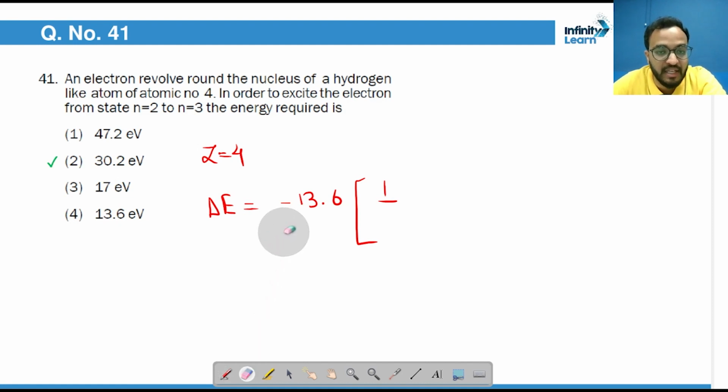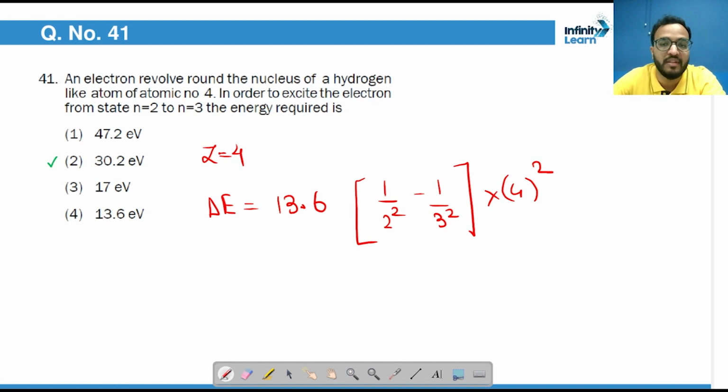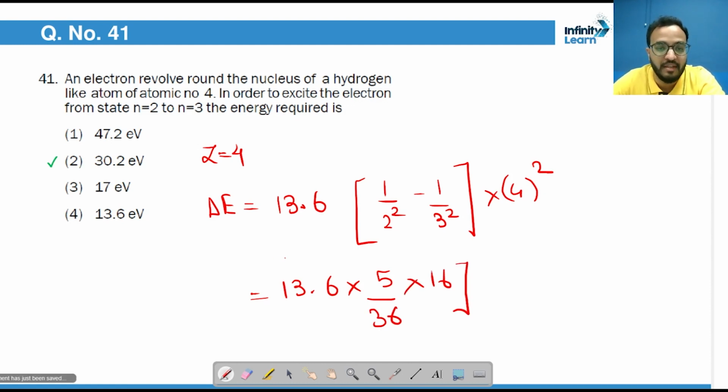But they are asking for the energy required. So 13.6 into 1 by 2 square minus 1 by 3 square into Z square. Now this is simple. 13.6 into 3 is a 9 minus 4 is 5 upon 36 into 16. Now you solve it and definitely you will get the answer 13.2 electron volts.